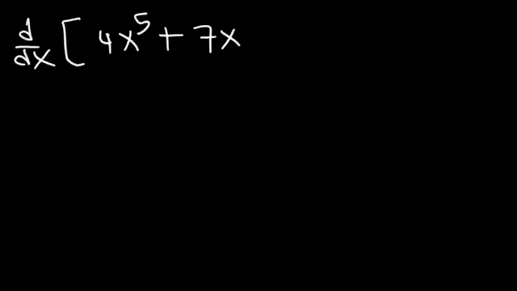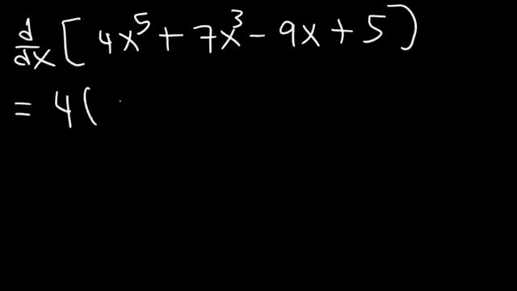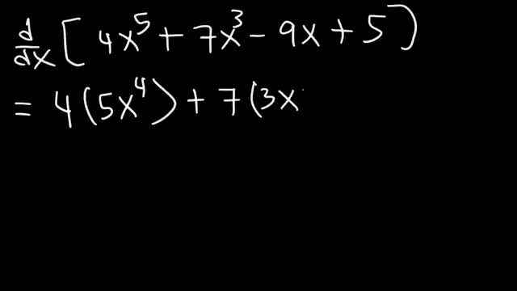Now what about the derivative of, let's say, a polynomial function? 4x to the fifth plus 7x cubed minus 9x plus 5. Go ahead and try that. So the derivative of x to the fifth is going to be 5x to the fourth power. The derivative of x cubed is 3x squared.